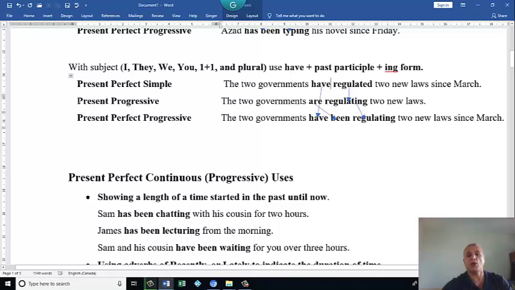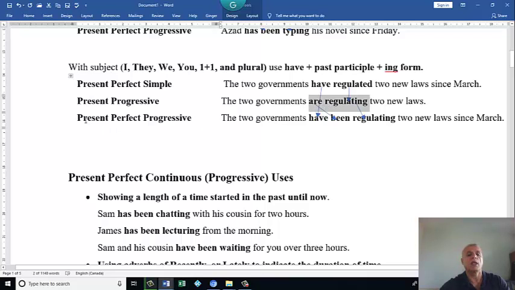Let's make it present progressive or continuous. We say the two governments are regulating two new laws. Here I have are, then I have the ing form, then I know this has happened in continuing time. Then if we remember, we said am, is, are equal be. Here are, then I could say be, same thing.